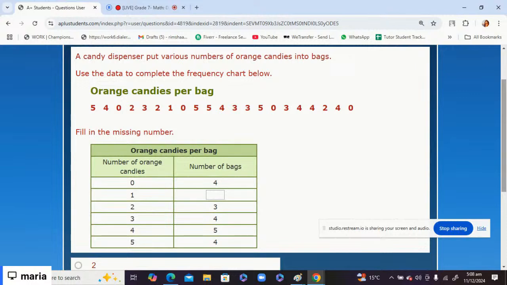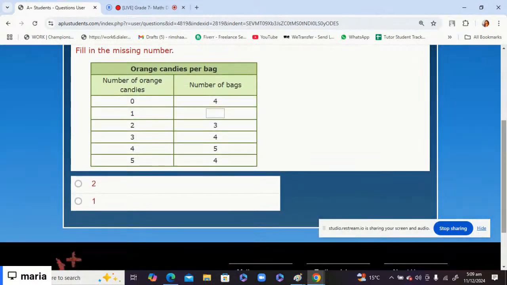So we are going to check the number of orange candies. We check in the data what is the greatest number and what is the lowest number. We put it in, and then we check how many bags. For 0, how many bags? How many bags for the 1? It's only 1. When you see the data, this is the 1. Okay.